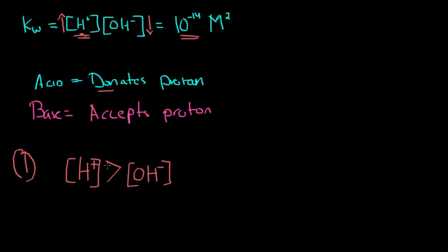If you really think about it, what's happening is that there's an acid at work here. The only reason the H plus will be able to go above the OH minus is if there's an acid at work, and that makes the solution acidic. And I can even quantitatively say that it's not just that H plus is greater than OH minus, but H plus is also greater than 10 to the negative 7.